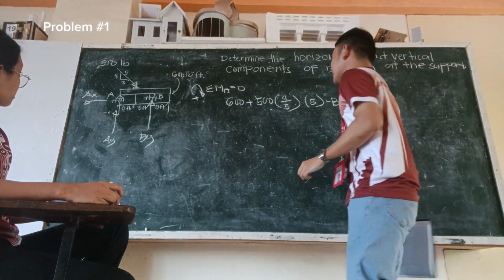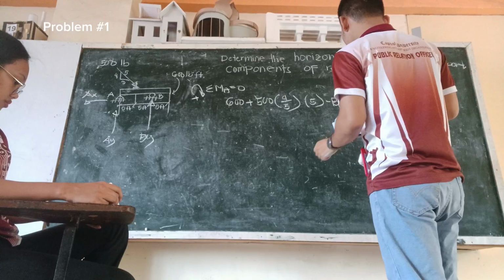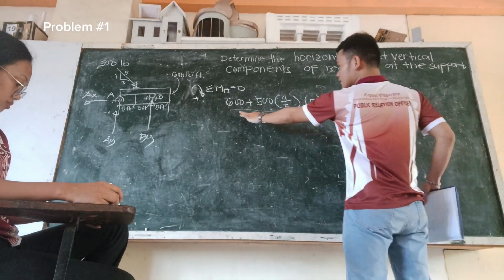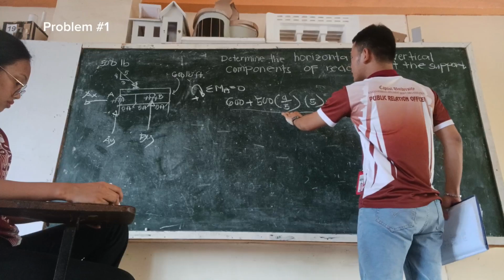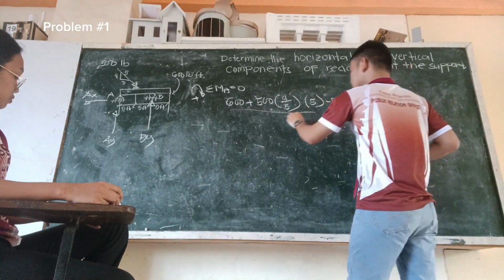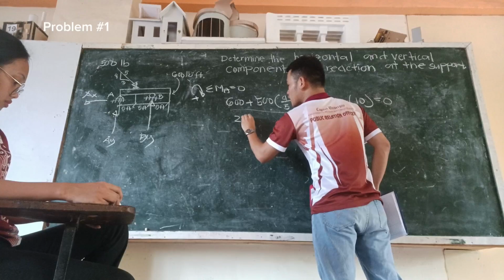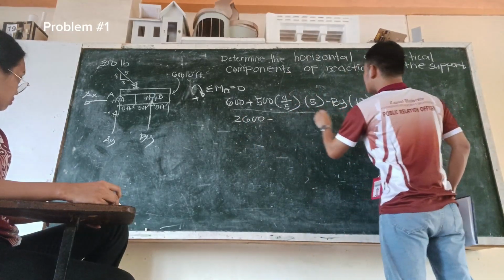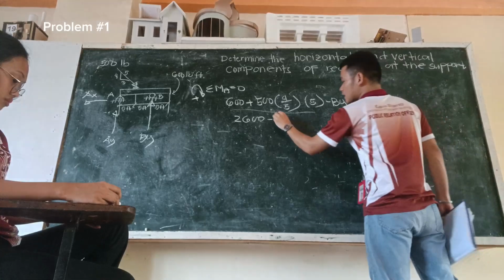We can solve that using basic algebra. So this one is 600 plus 500 times 4 over 5 times 5. That is equal to 2,600 minus By times 10.